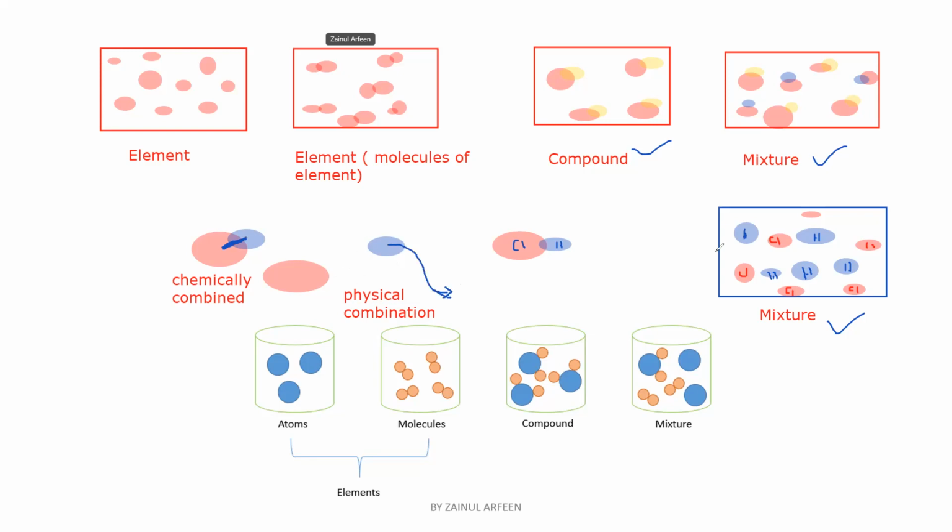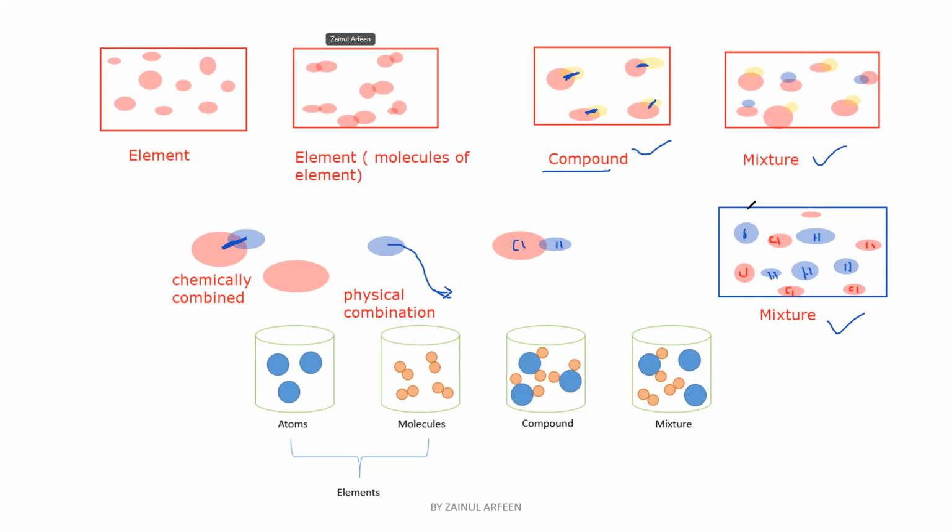If there is a gap between them, it means they are not chemically combined. If there is no gap between them, it means they are chemically combined. In a compound, they are chemically combined. You can see here that two substances are chemically combined. They are overlapping. So this is a chemical combination.